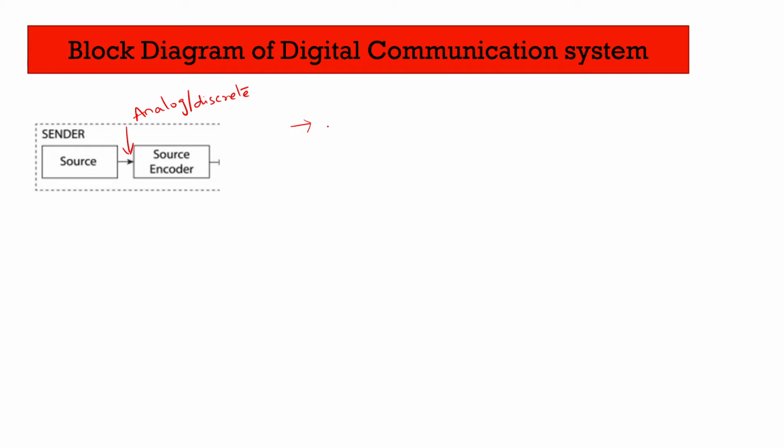The first thing, it converts the input, which is nothing but the symbols or the output of the information source, to binary sequences, nothing but zeros and ones.